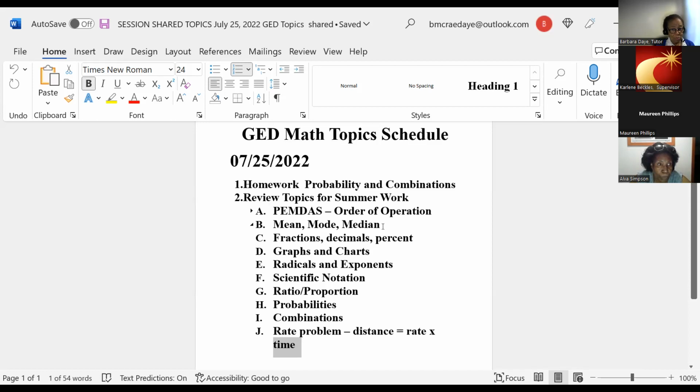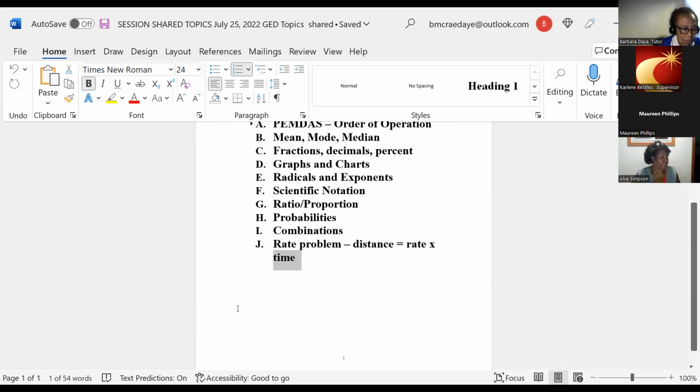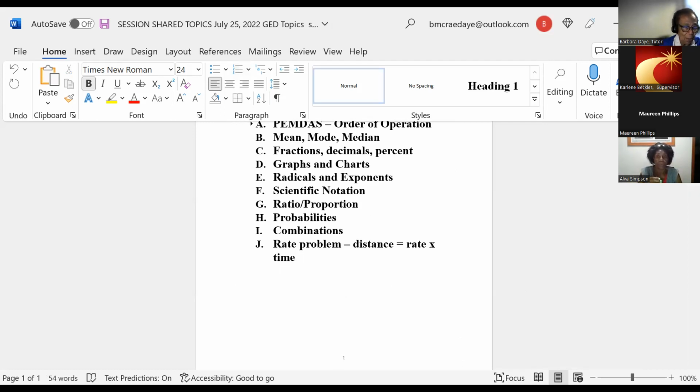You could have no mode, you could have one mode, or you could have more than one, right? If you have two sets of the same number, it's the mode. Let me give you an example. The range is high minus low.